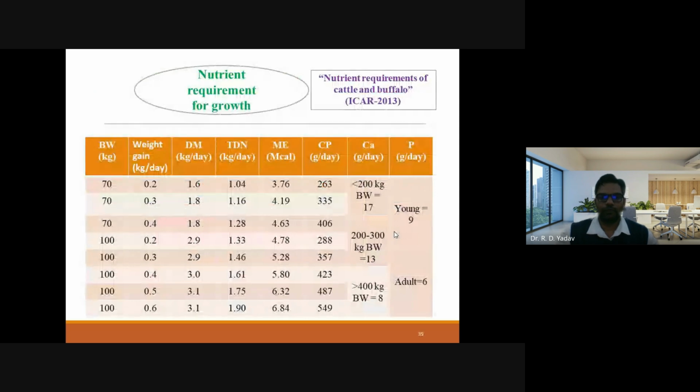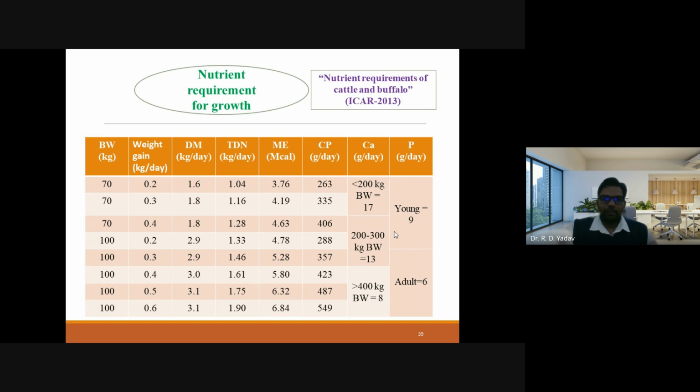So, nutrient requirement for growth. Growth we are considering as ADG. ADG means average daily gain. For example, a body weight of 100 kg and their average daily gain is around 200 grams.